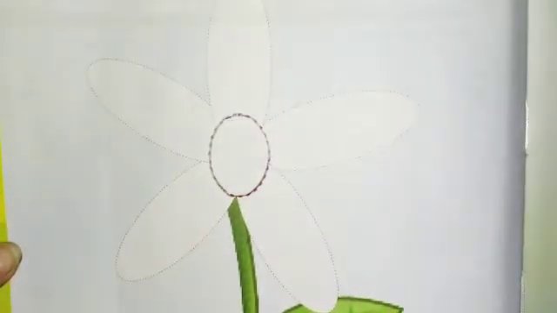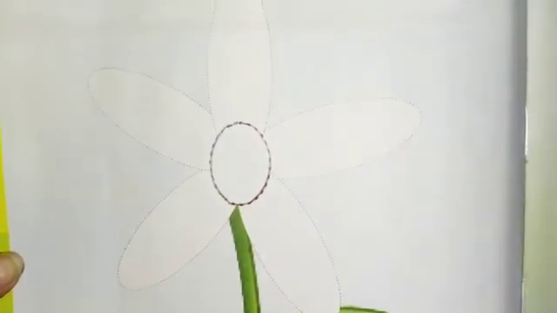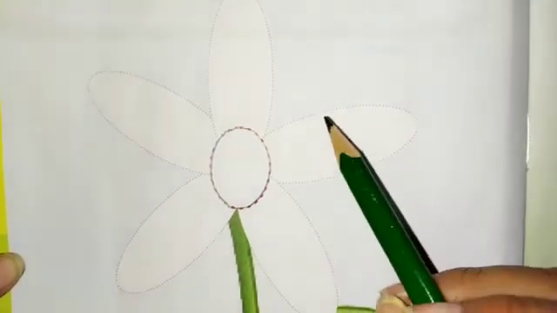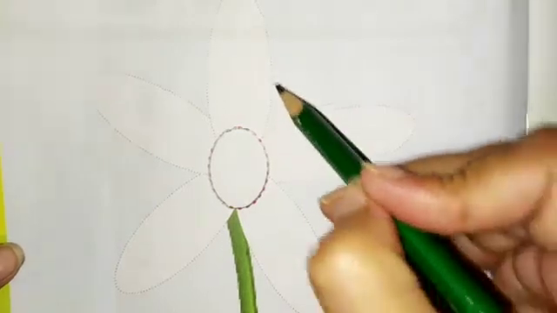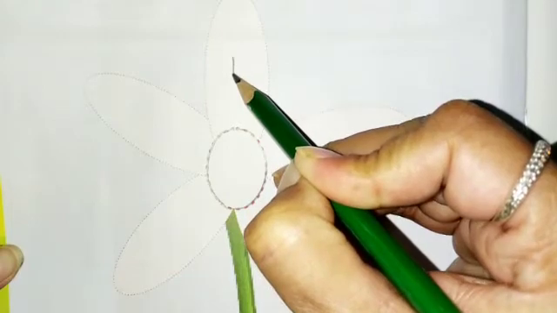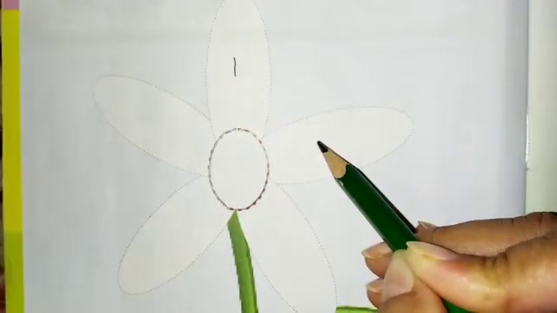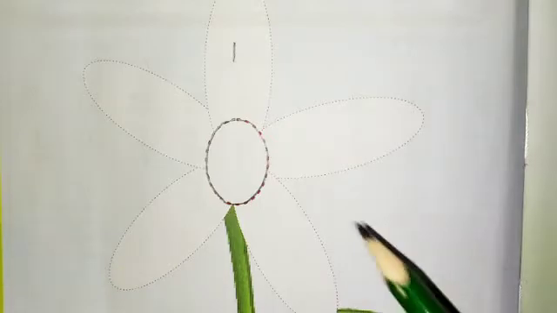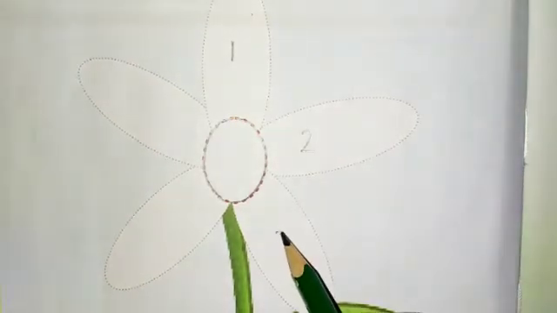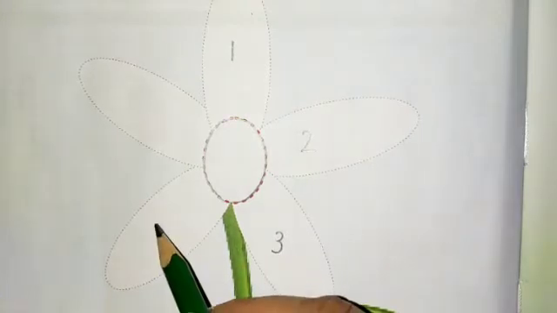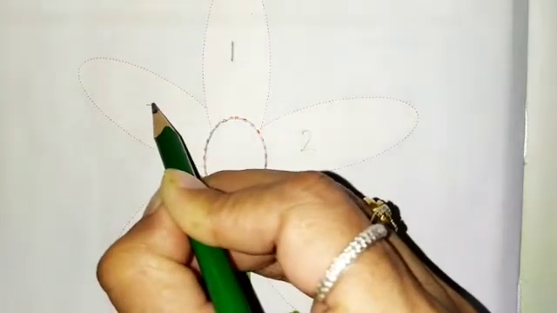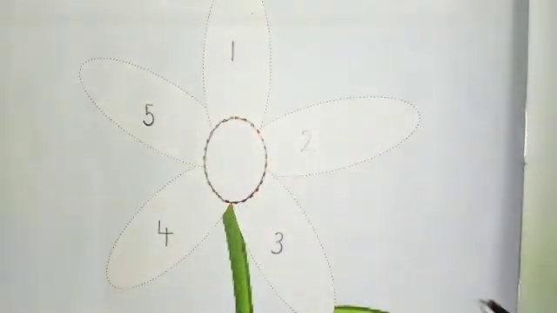Right? Now we will count the number of petals of the flower. How many petals are these? Let us count. We will write the number here. 1, 2, 3, 4 and 5.